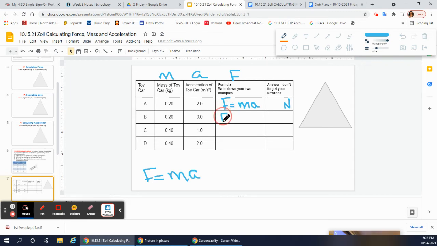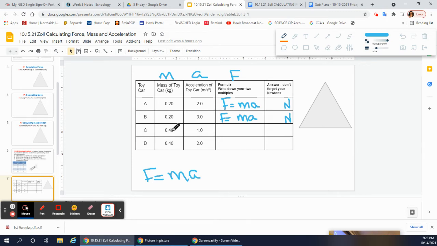So net force equals mass times acceleration. Here's your mass, here's your acceleration. So 0.2 times 3. Put your value here, that's in newtons. Okay, and you're using a calculator if you need to.